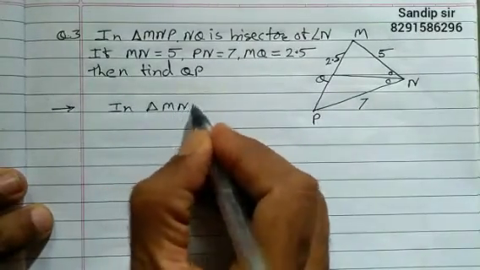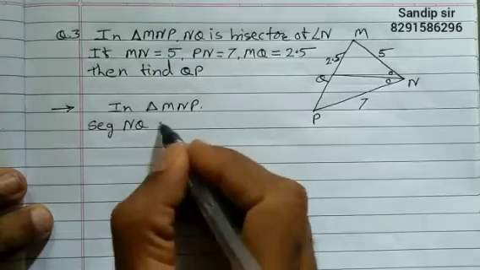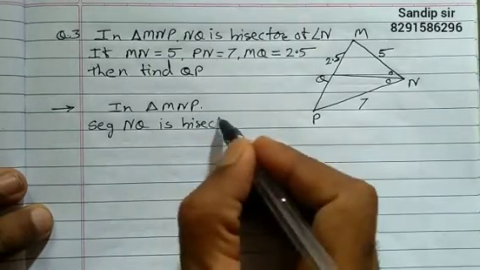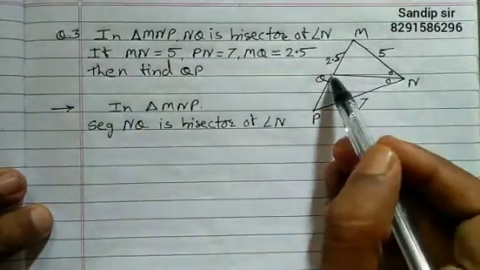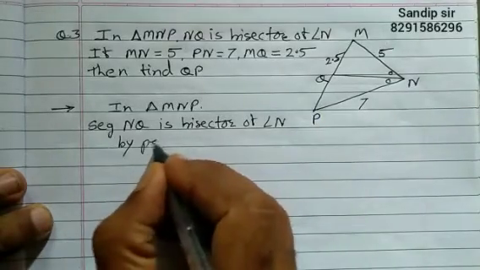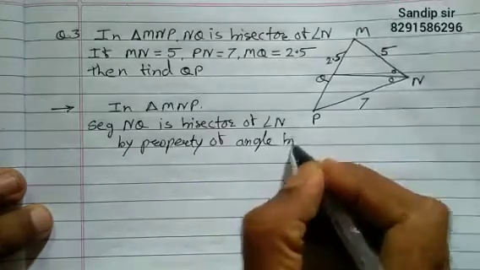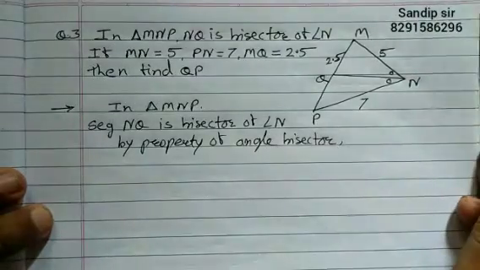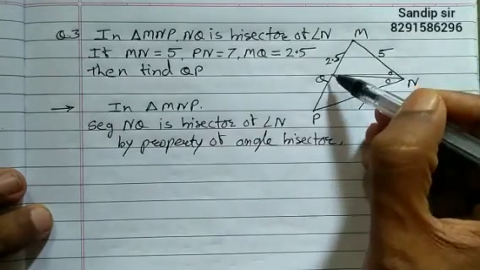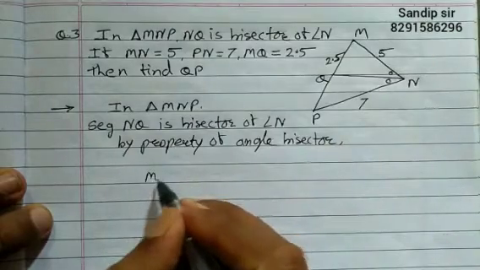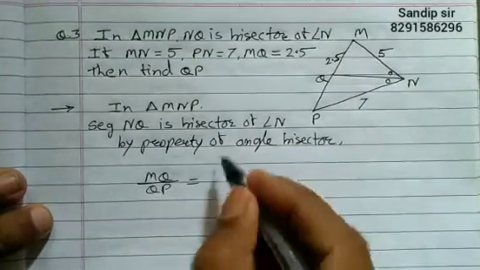In this triangle MNP they say segment NQ is bisector of angle N. If NQ is a bisector, then by property of angle bisector, we get the two equal ratio, MQ upon QP is equal to MN upon NP.